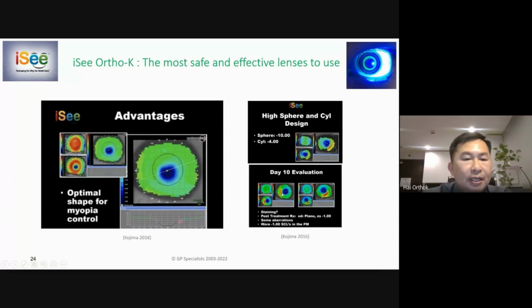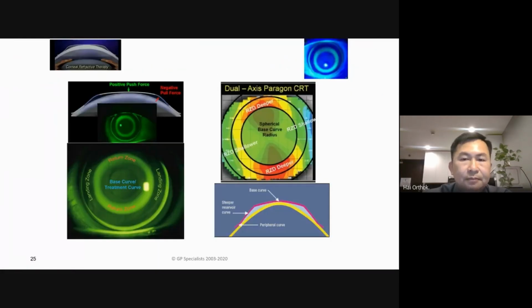In 10 days, we can see the 10 diopters was almost plano for his OD, and OS only 1 diopter left. So it's a very effective treatment for high myopia and high cylinder.